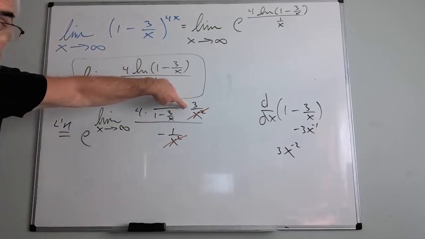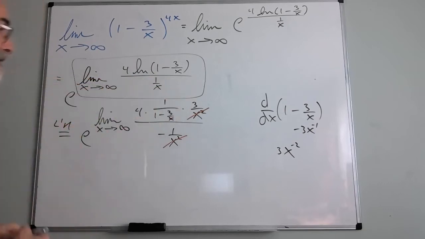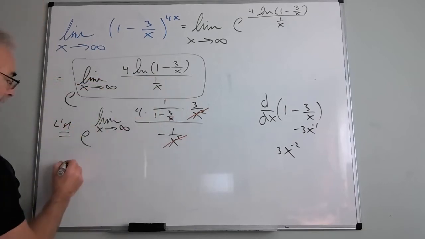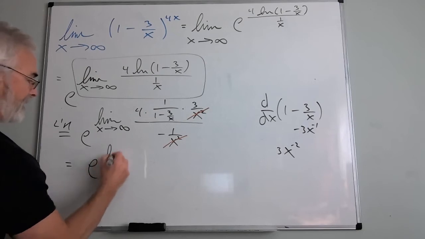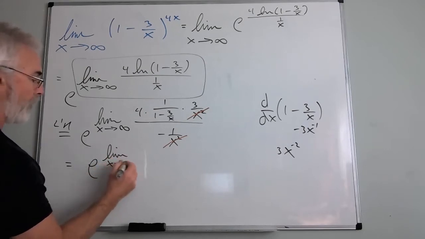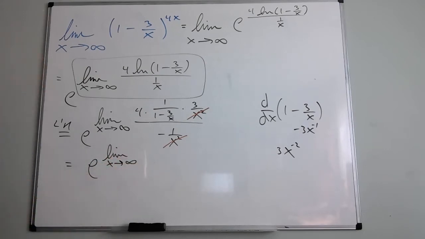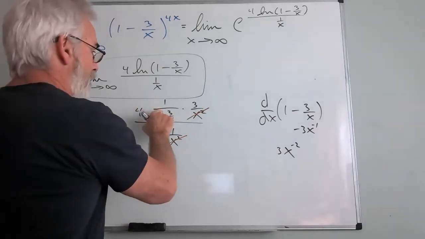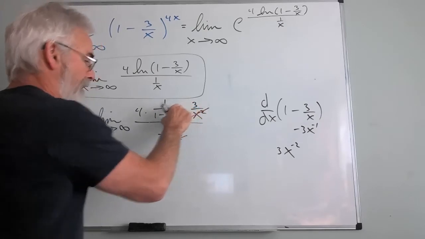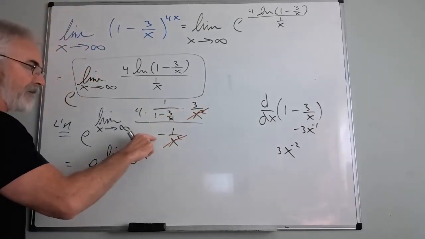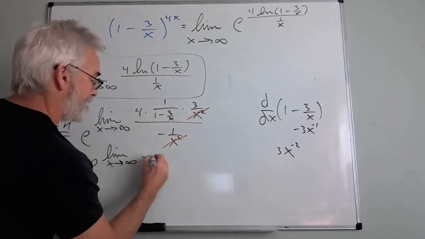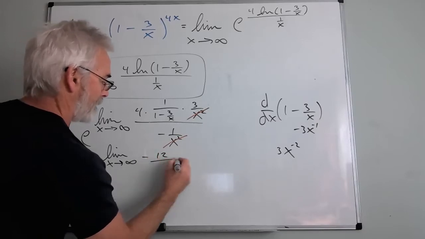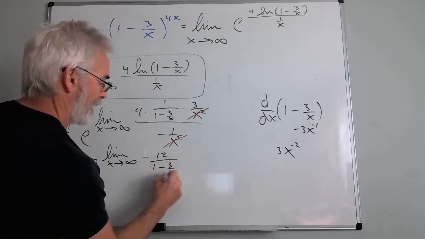If I get the sign incorrect, it will change my final answer significantly. So now I've got equals, because I'm just simplifying the algebra. I'm only going to do L'Hopital's rule once in this problem. My numerator is 4 times this quantity times 3, but I have a negative 1 in the denominator. So that's actually negative 12, if you will. I'm going to write it like that.